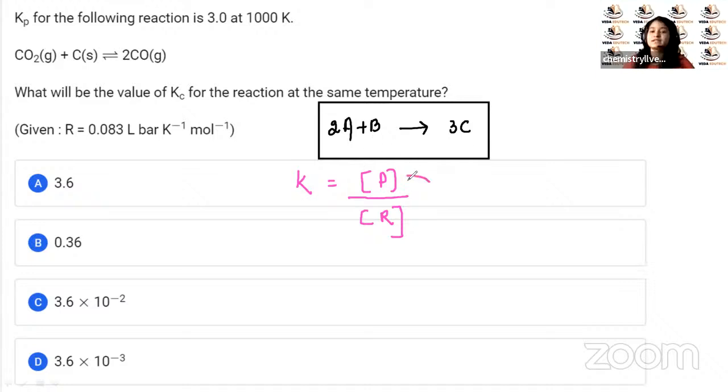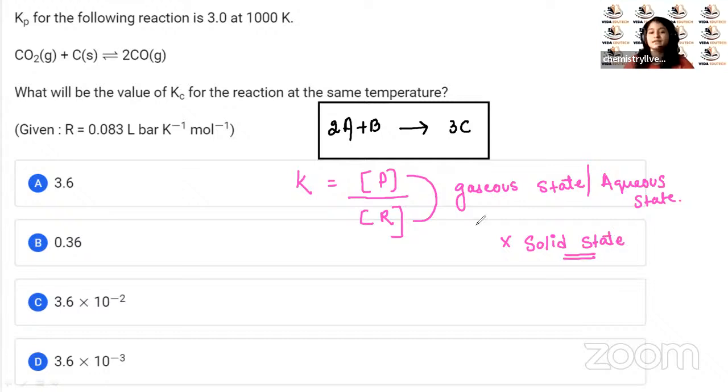When we take the products or reactants, we will consider only those which are in the gaseous state or in the aqueous state. We will ignore those which are in the solid state. Their concentration terms are not taken while calculating the equilibrium constant.